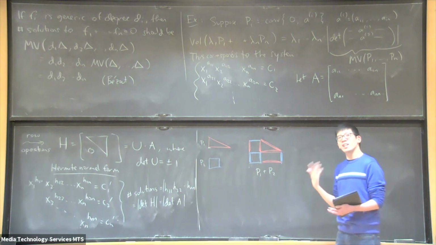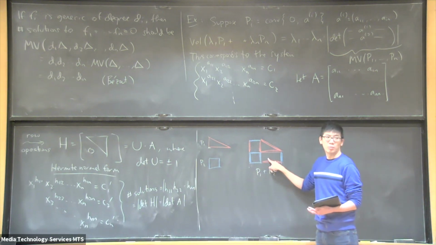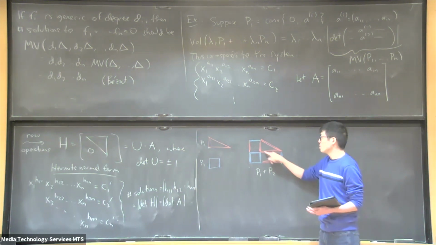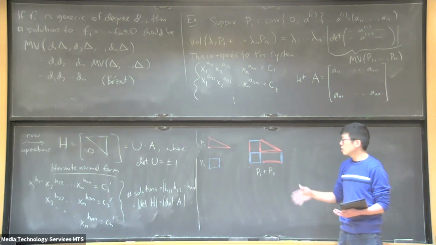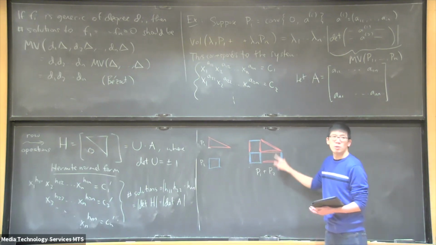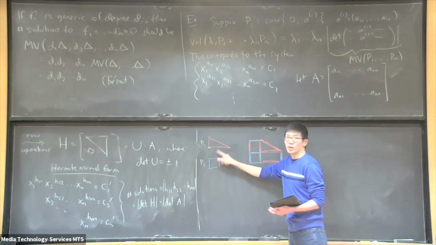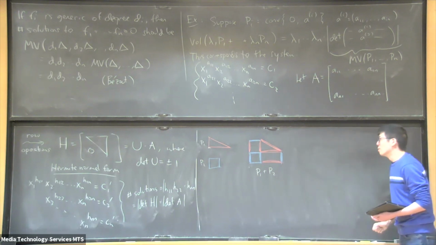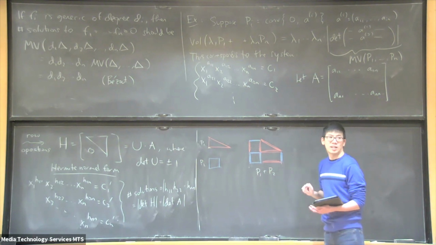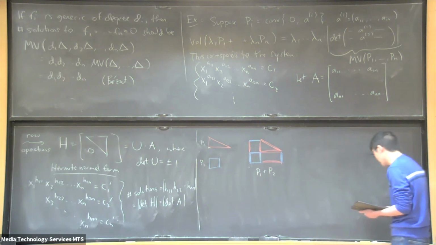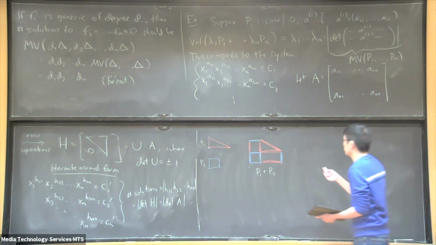If I'm interested in the mixed volume, I'm really interested in this mixed cell, because the volumes of these will give me the coefficient of lambda 1 times lambda 2. So if I have a special subdivision like this that scales nicely when I scale the polytopes I'm summing, then I can just read off the mixed volume using the volume of certain cells. This kind of subdivision has a special name: it's called a mixed subdivision.